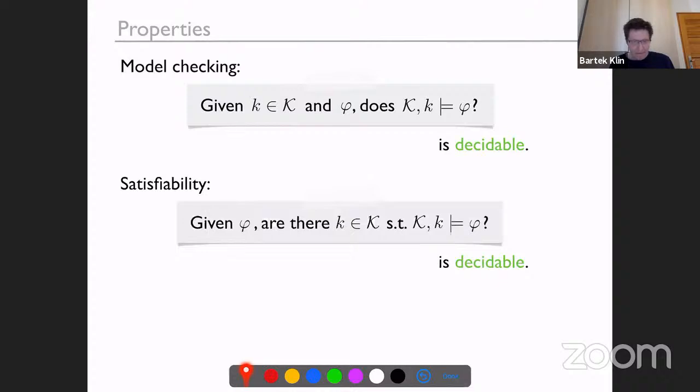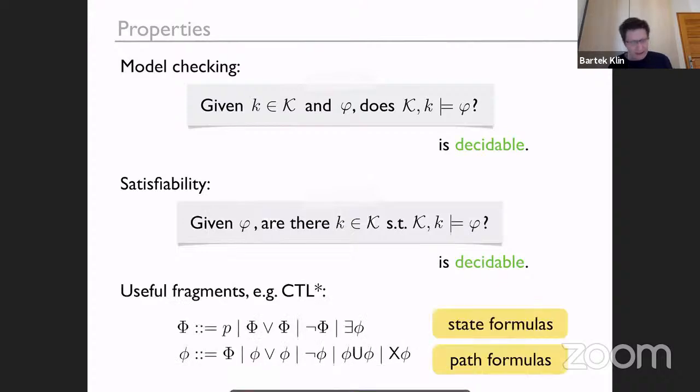Finally, the μ-Calculus has some fragments that are known and well studied. One such fragment is CTL star. This is a temporal logic with two kinds of formulas, state formulas, which are evaluated on states of a model of the same kind that I showed you previously, and also path formulas that are interpreted on infinite paths.